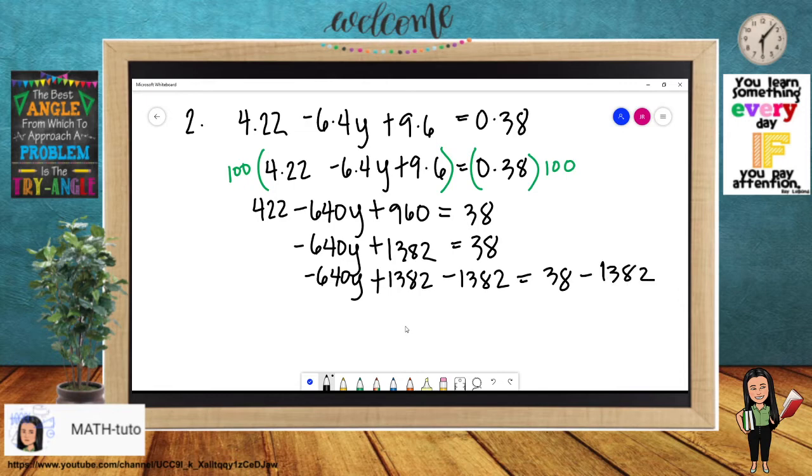Okay, so magiging negative 640y equal to negative 1,344. Okay? Divide both sides by negative 640.